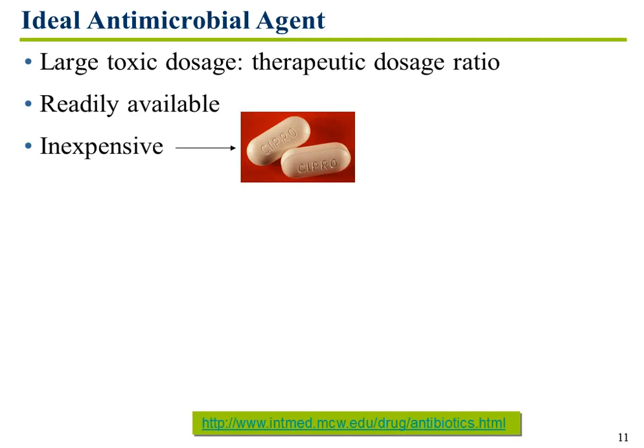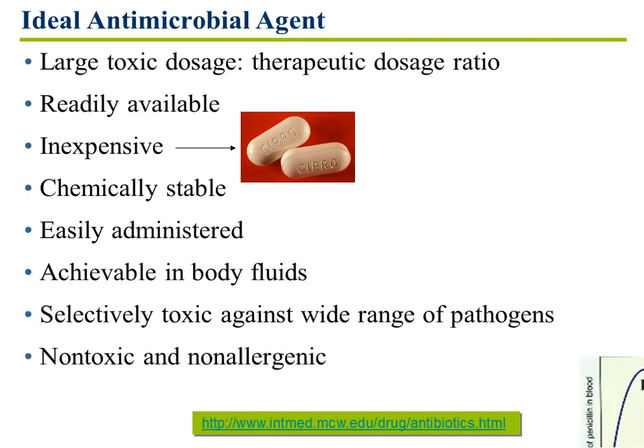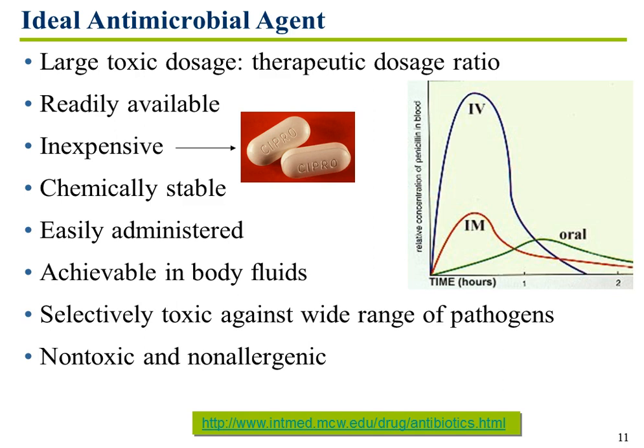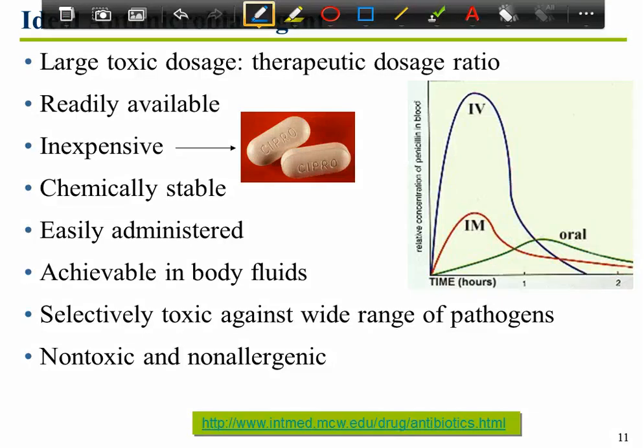So, if you're in the market of making drugs, you're a pharmaceutical company, these are things that you need to think about. You want a large toxic dosage over therapeutic dosage ratio, which means, let me give you an example.